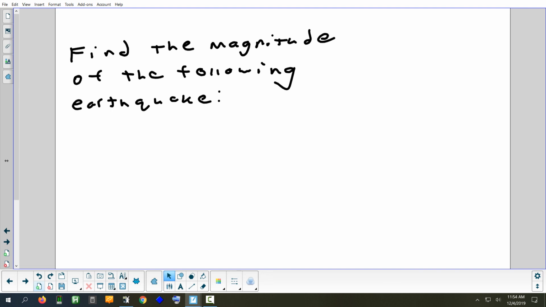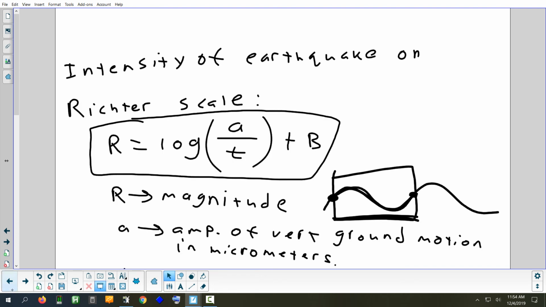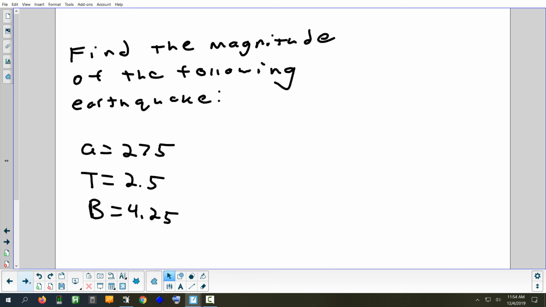All right, and they tell you A is 275, T is 2.5, and B is 4.25. I forgot the letter I used for intensity. I use R for Richter scale.